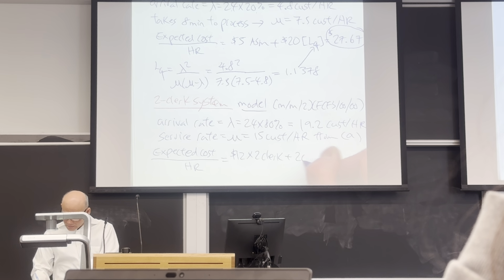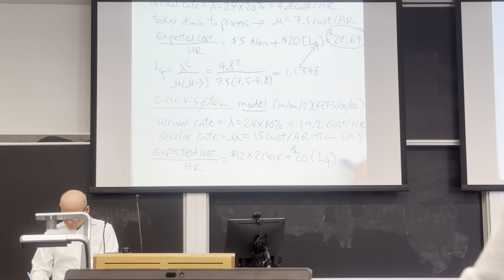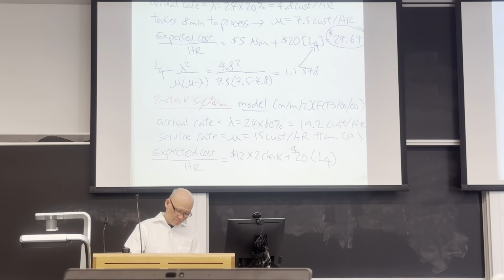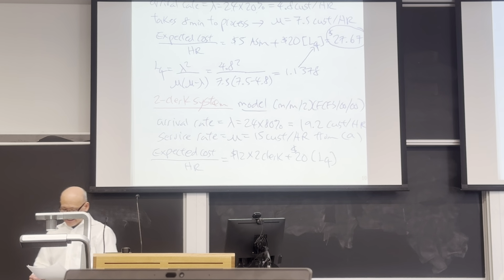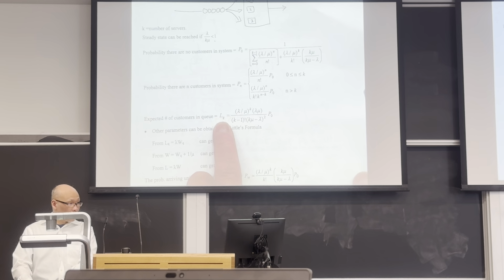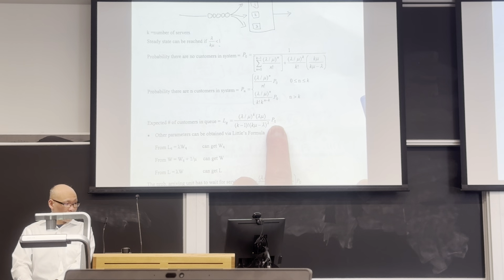And then again, customer waiting is $20. How many waiting? Well, that's LQ, right? So we have to calculate LQ. And once again, to calculate the LQ, we need the P0. So again, let's see if we can look up the value of P0 on the table and then use it to calculate our LQ.